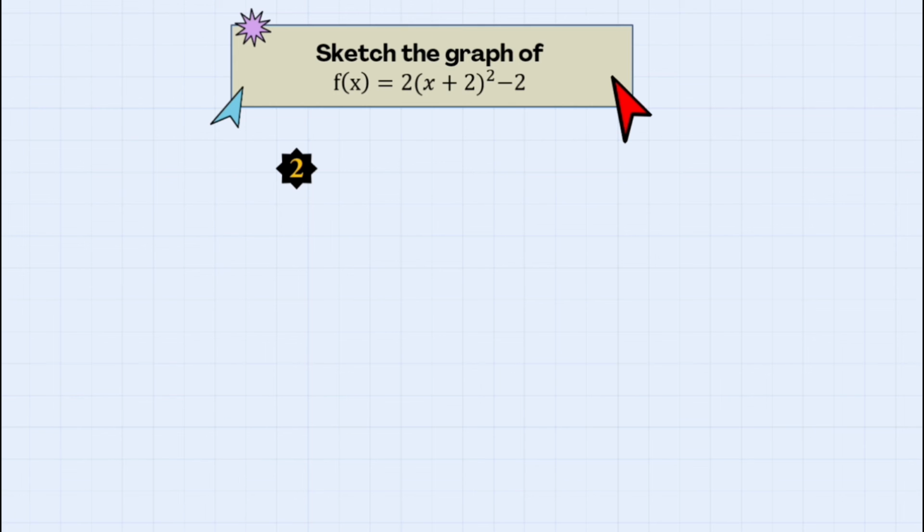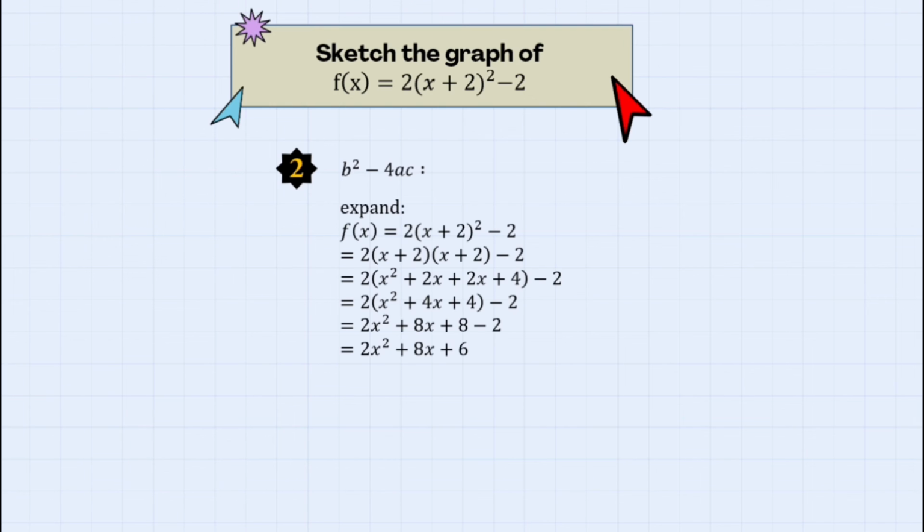Now, let's move to step 2. In step 2, we need to calculate the value of b squared minus 4ac. Since the given function is in vertex form, therefore, we need to expand the function in order to get a general form function so that we could get the values of a, b, and c.